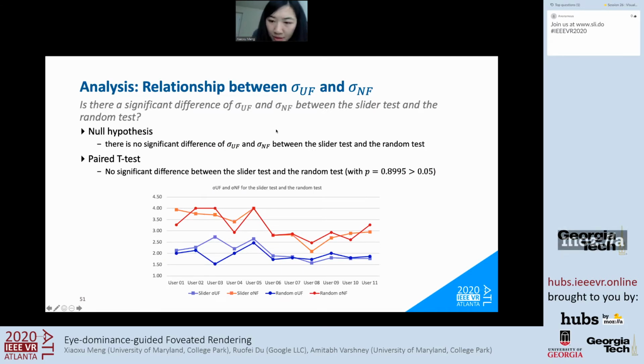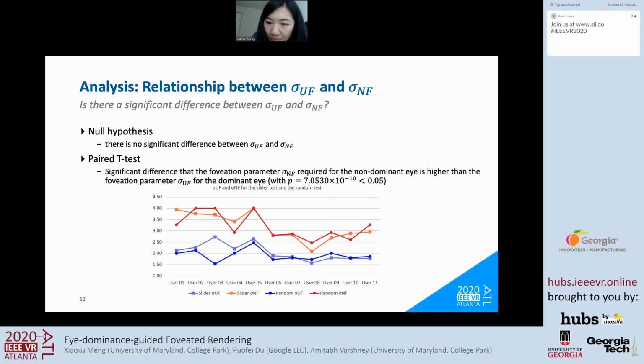A paired t-test shows that there is no significant difference between the result of the slider test and the random test. And we can observe that the sigma NF is significantly higher than sigma UF. So the EFR can surely render with higher speed, but what about the perceptual quality of our EFR algorithm?